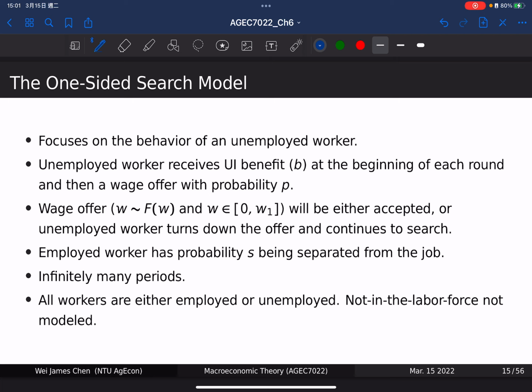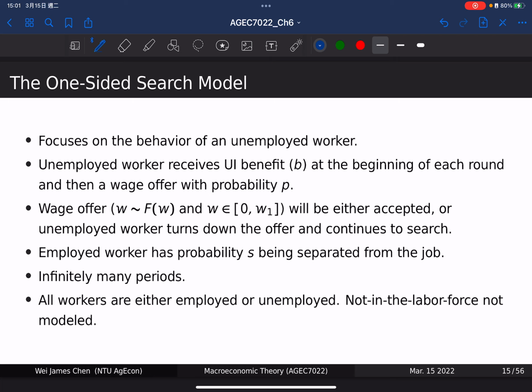That being said, we're going to focus on the behavior of that unemployed worker. And this is the model assumption. First of all, the unemployed worker is going to receive an unemployment insurance (UI) benefit, which we call lowercase b, at the beginning of each period.